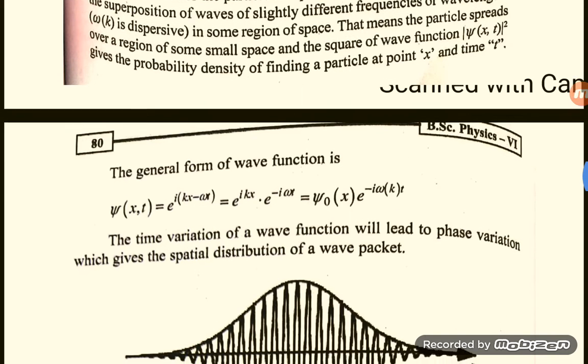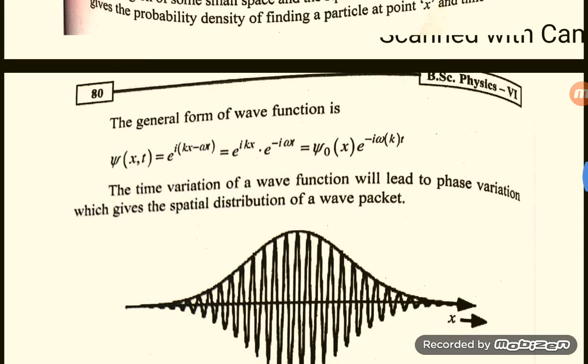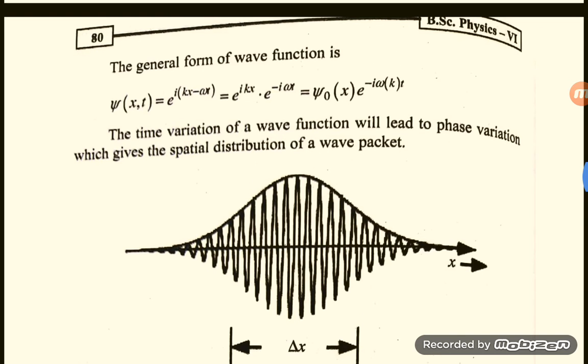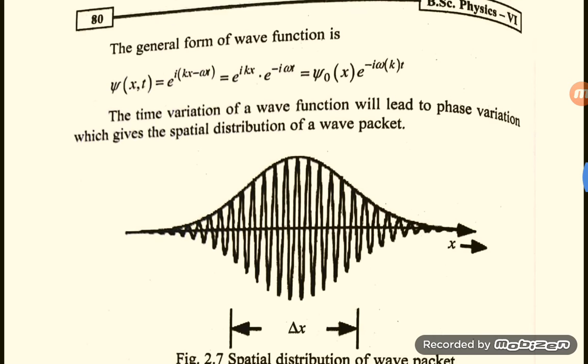In general, the wave function can be written as psi of x,t equals e power i(kx minus omega t), that is equal to e power ikx times e power minus i omega t, that is psi naught of x into e power minus i omega t. The time variation of the wave function will lead to the phase variation, which gives the spatial distribution of the wave packet.